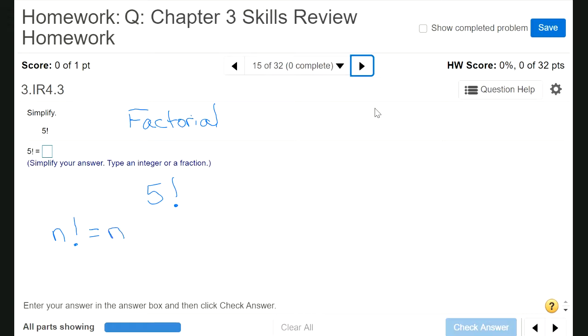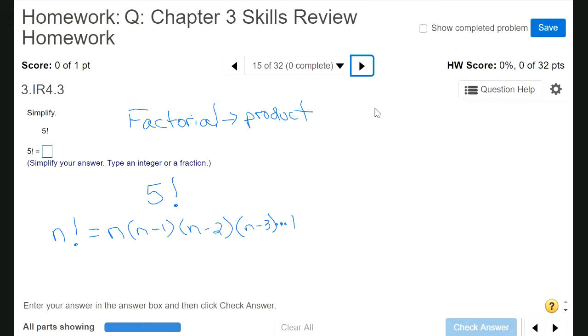A factorial is a product, meaning you're going to multiply things together. So n factorial means n times, and then you're going to multiply by 1 less, and then by 2 less, and then by 3 less, and you keep going until you're down to, at the end, 2 times 1.